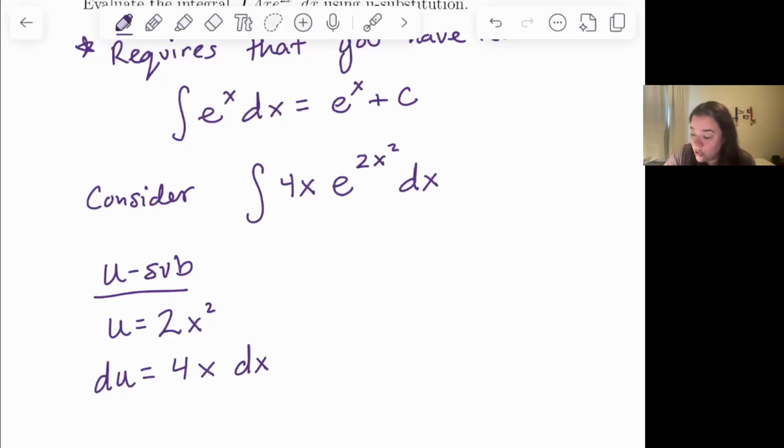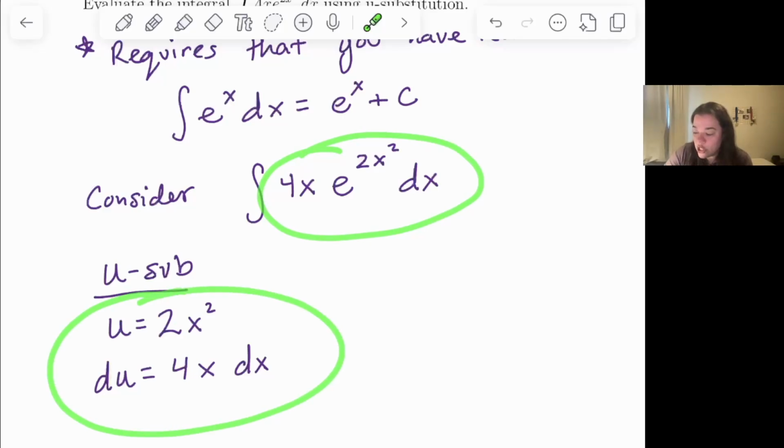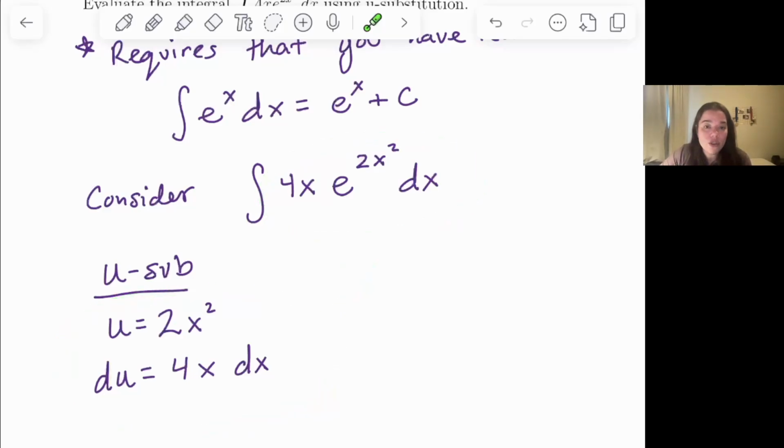Now what I have to do is look at my original problem and ask myself, do I have perfect matches to sub in, or do I need to do any manipulation in my scratch work? And I see perfect substitutions. 2x squared will get replaced, and 4x dx will get replaced.